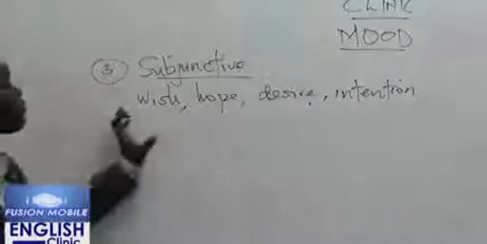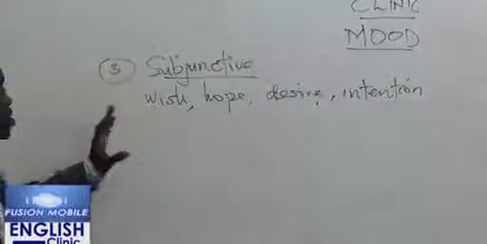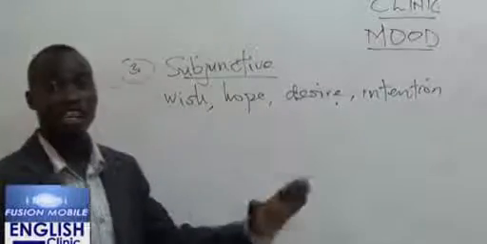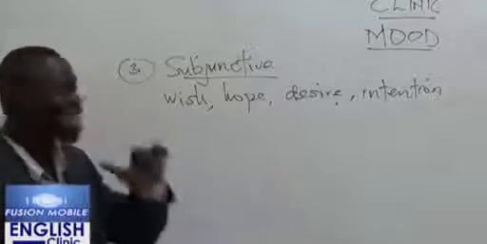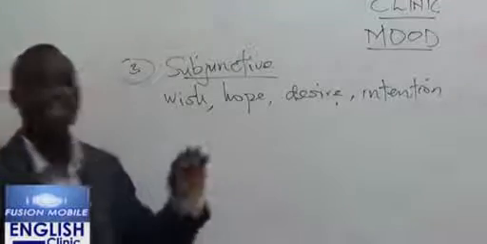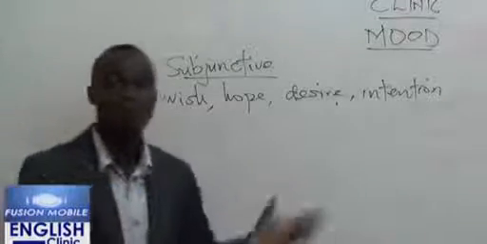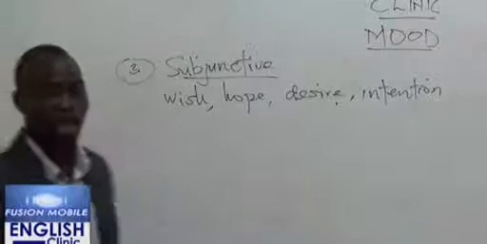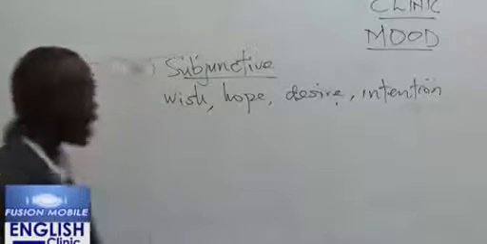So the subjunctive mood is actually used to express a wish, a hope, a desire, an intention, etc. But like I said before, some of these expressions have actually disappeared from modern English, but a few of them are still being used. And that's what we're going to talk about now.